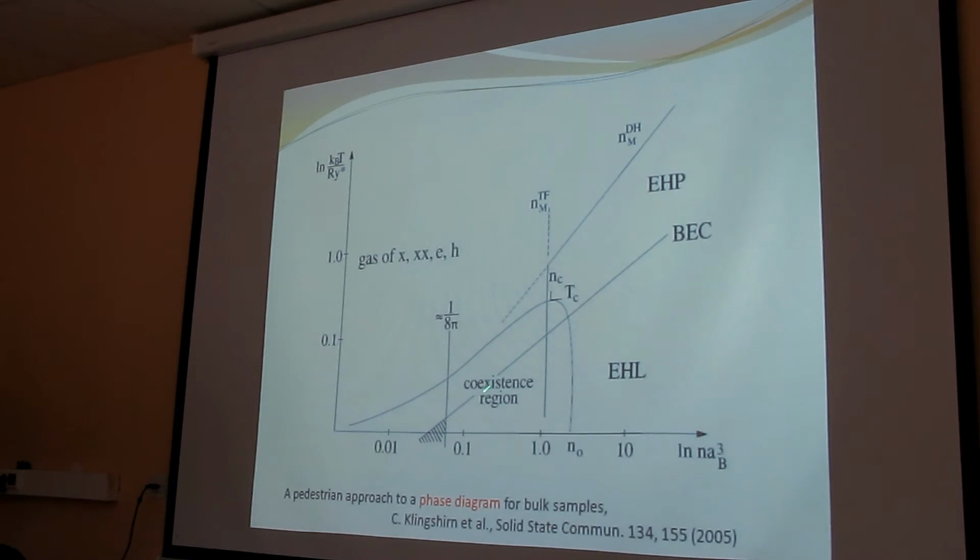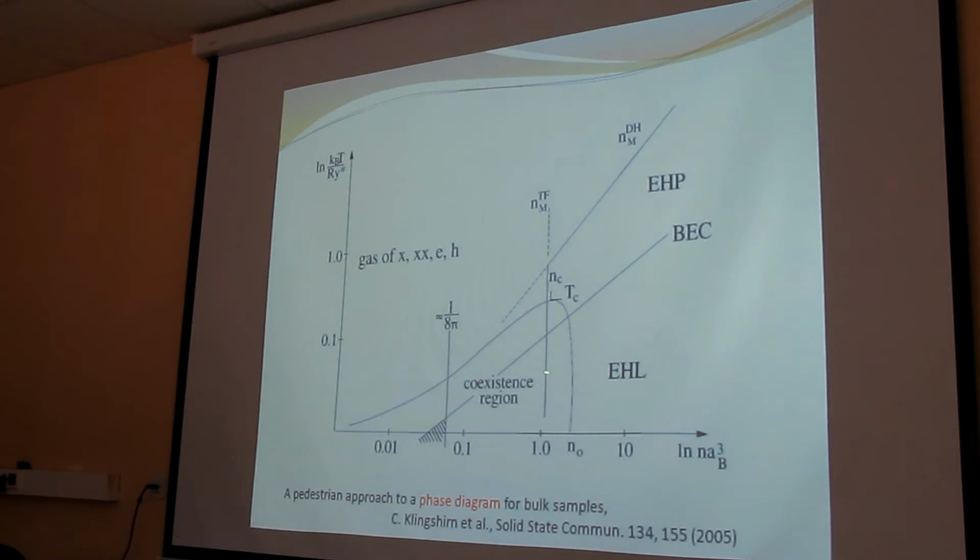This is a limit to observe a Bose-Einstein condensation, so here Bose-Einstein condensation should occur. On the other hand, we know that an electron hole plasma can be formed, and we need a long lifetime for the Bose-Einstein condensation to develop, and we need a long lifetime for the phase separation in the plasma to develop. This is a phase diagram for the electron hole plasma.